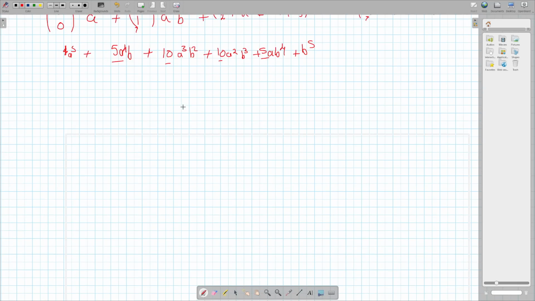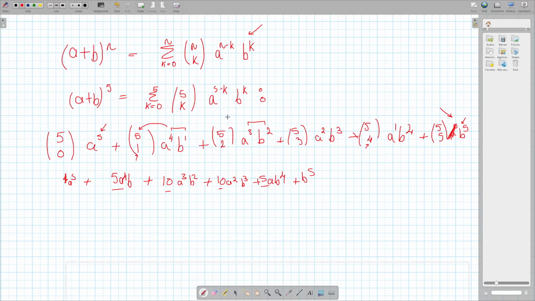Okay, another way, actually no, before I move to Pascal's triangle, I want to mention more things here. You start counting at 0, okay? Some questions will ask, what is the third term? And what will some students do? They go, oh, third term, so k equals 3, so it's going to be this one here.